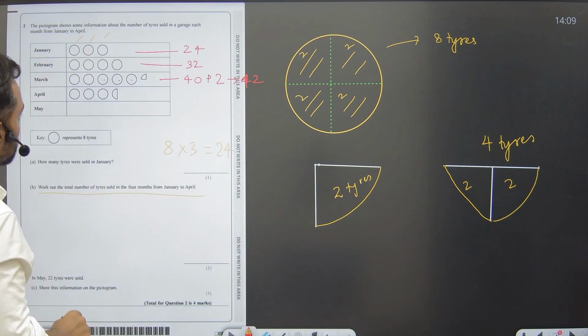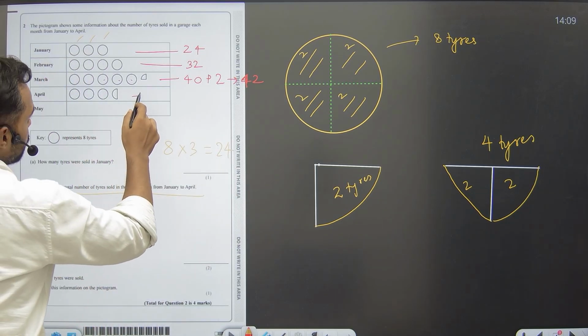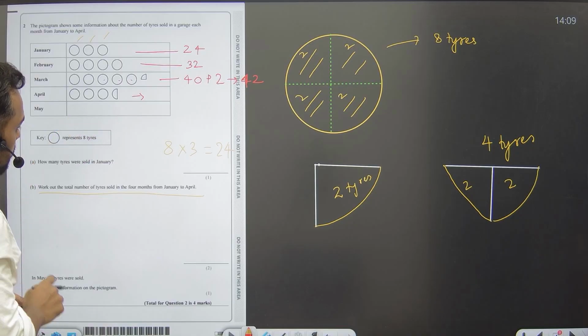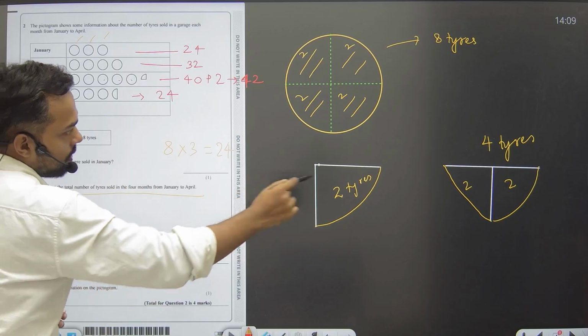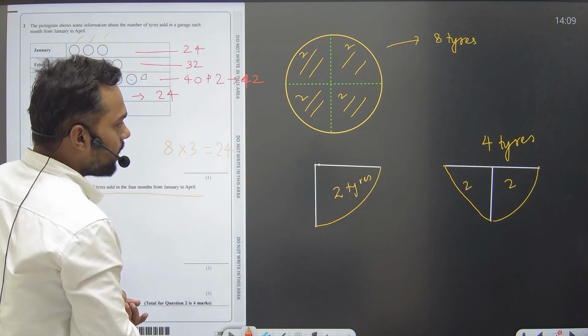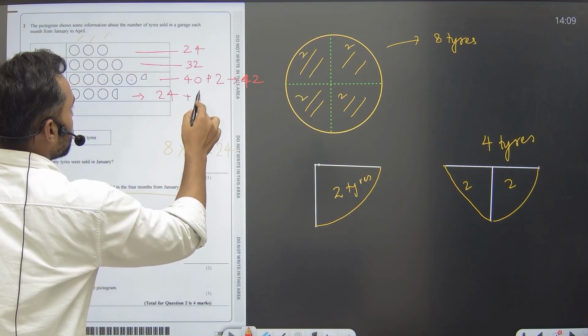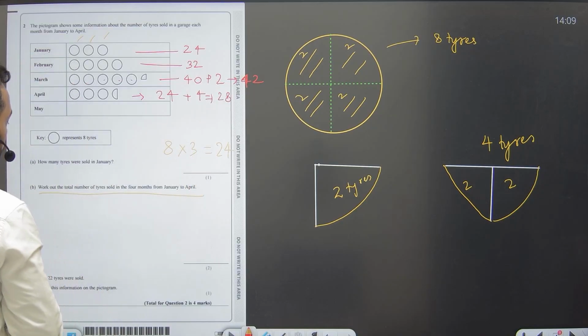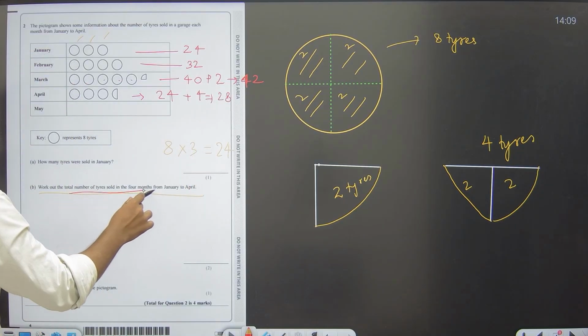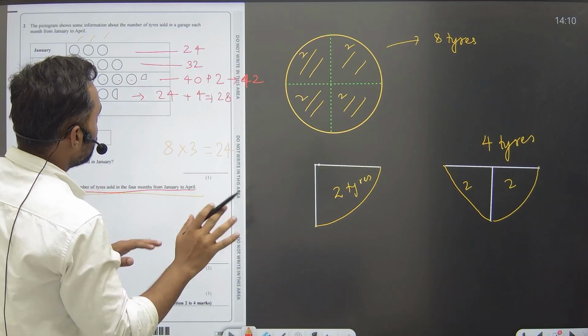Okay. In the month of April, student, 3 full circles are there. So for 3 it will be 24, plus a 1/2 circle is also there. The half circle was representing 4 tires. So plus 4 tires, that will be equal to 28. Now they have asked for the total number of tires sold from this particular month to this particular month.